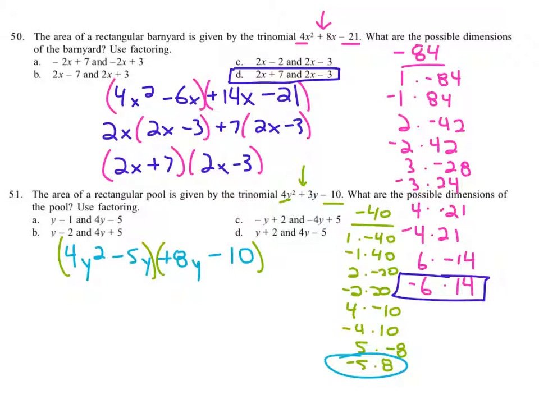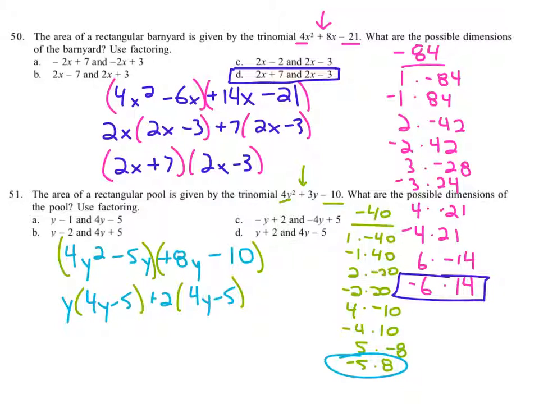From 4y squared minus 5y, we can only factor out the y, and we're left with 4y minus 5. And from the 8y minus 10, we can factor out a 2, and we're left with 4y minus 5. Same thing inside twice, that's a good sign.